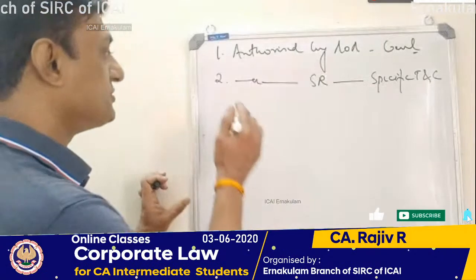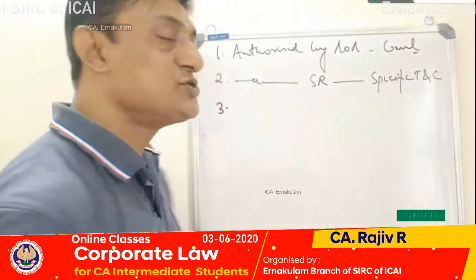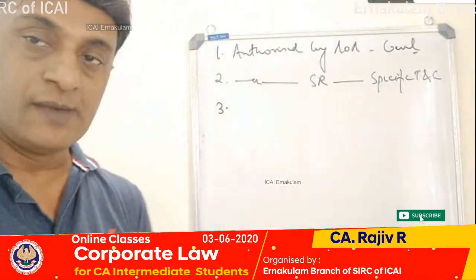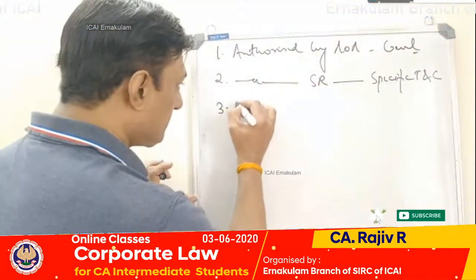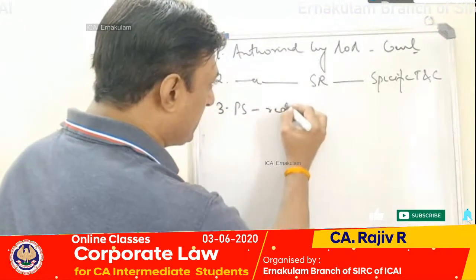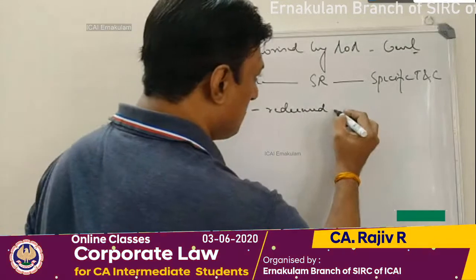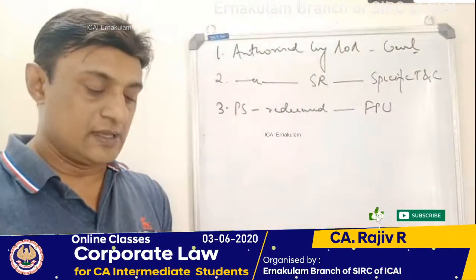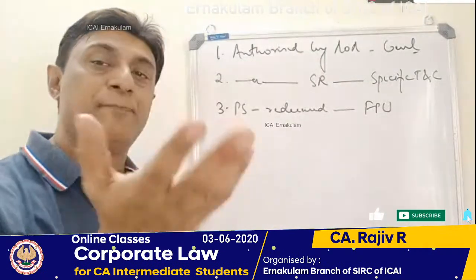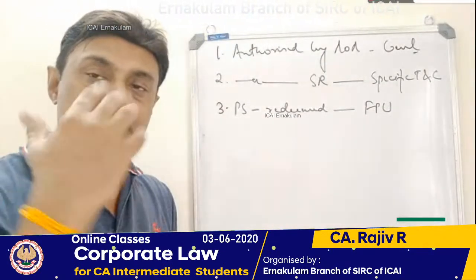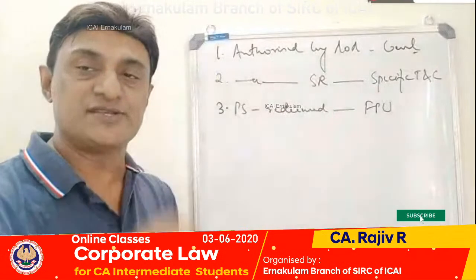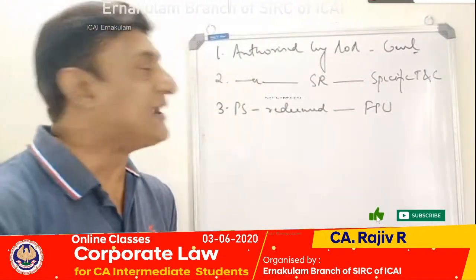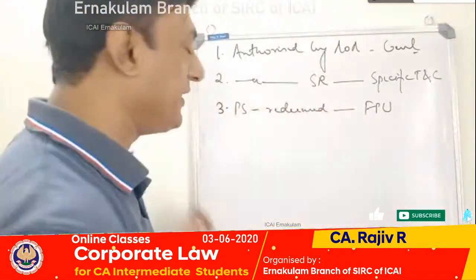The third condition was that the preference shares proposed to be redeemed must be fully paid up, because redemption is repayment, and repayment arises only when payment is complete. So that is the third condition. All these you have already noted.